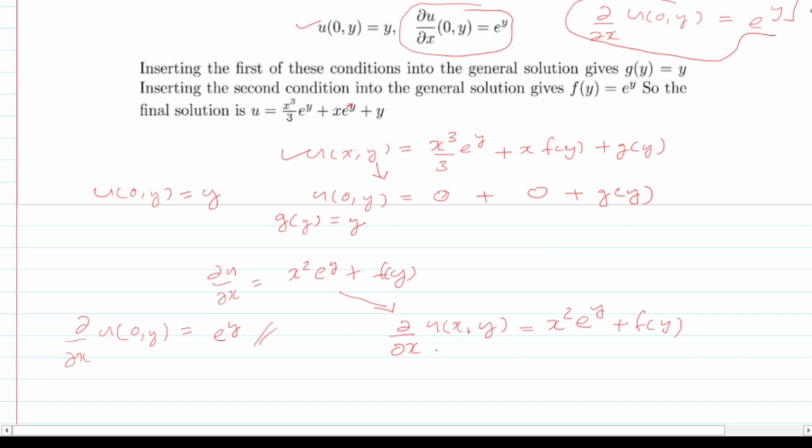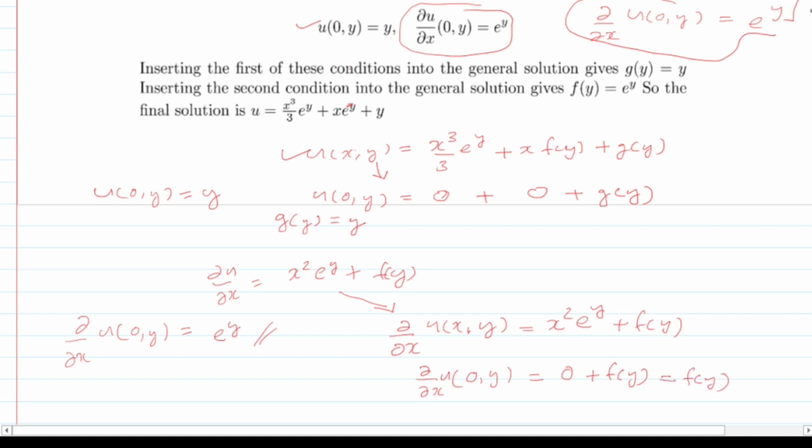So you put x equal to 0 here. So ∂/∂x of u(0, y) becomes, whenever you find x you put 0, so 0 plus f of y. Okay, that is f of y.